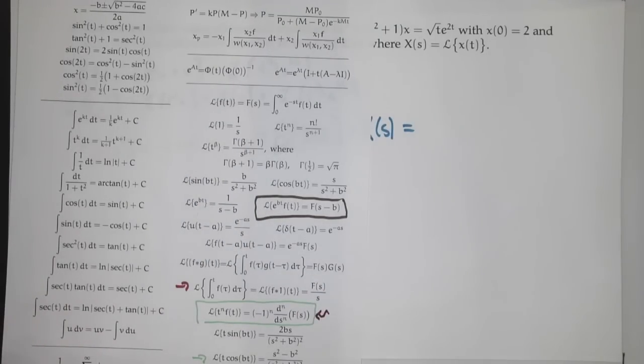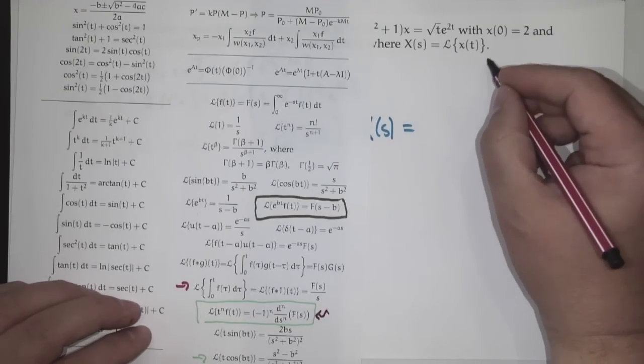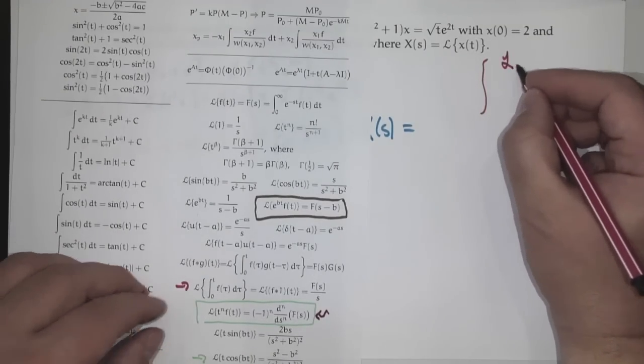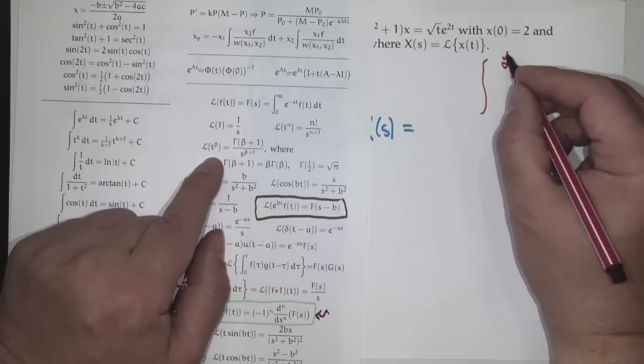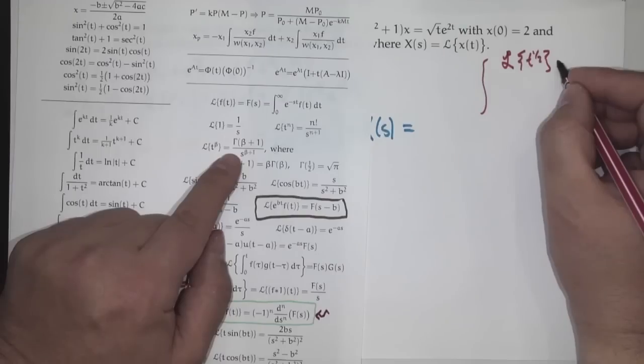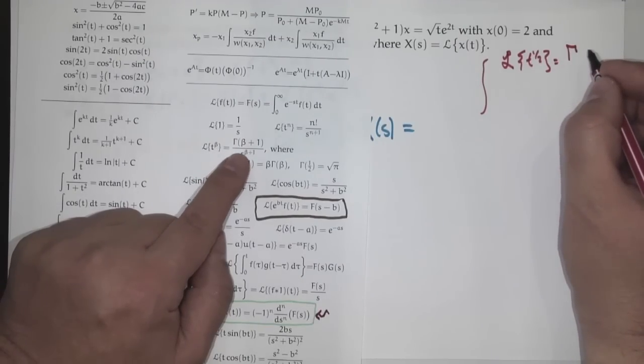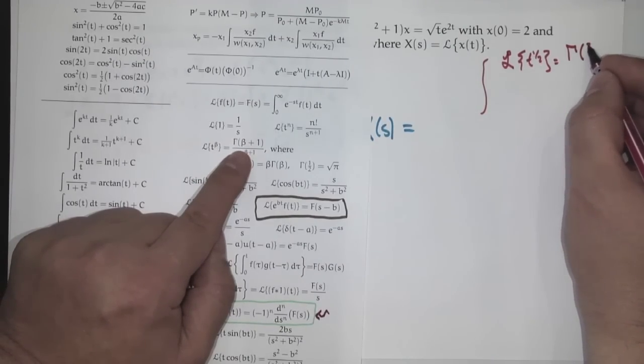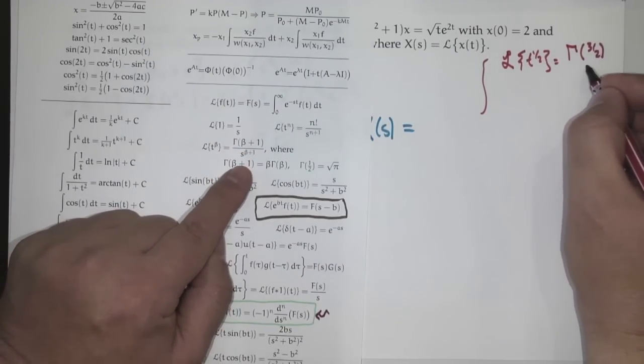So, do a little bit of work on the side. We have that just the Laplace transform according to this rule of t to the 1/2 would be gamma of 1/2 plus 1, which is 3/2, over s to the 3/2.